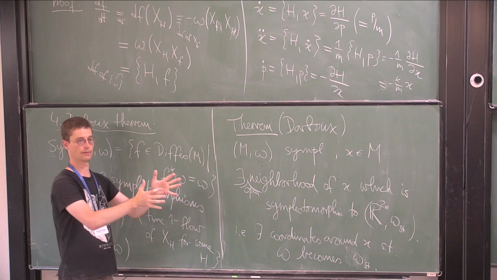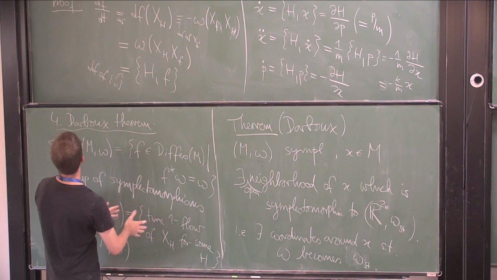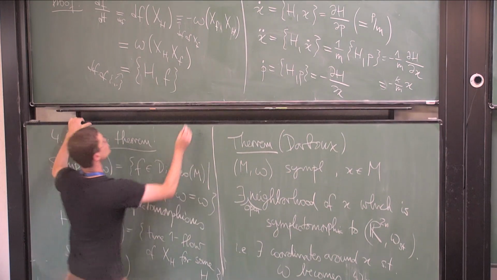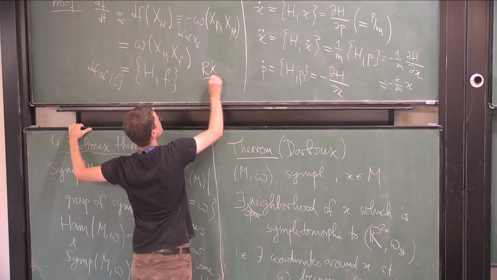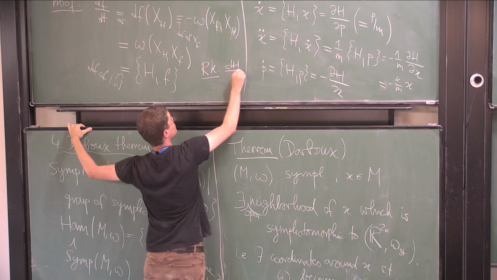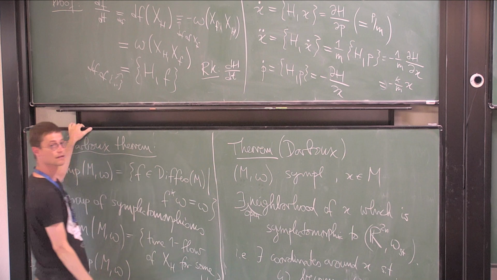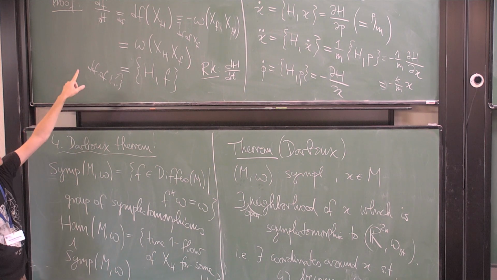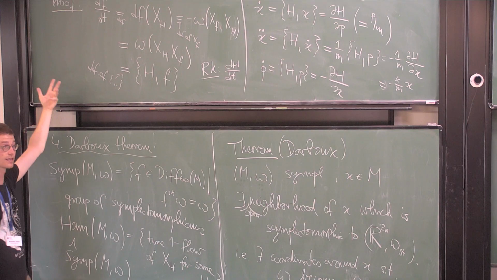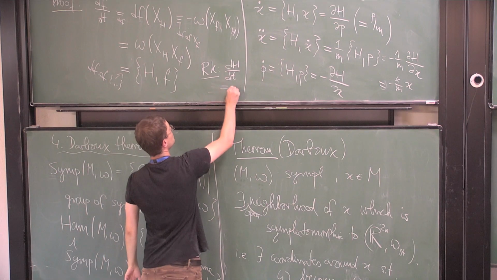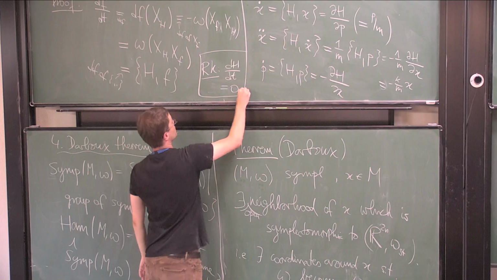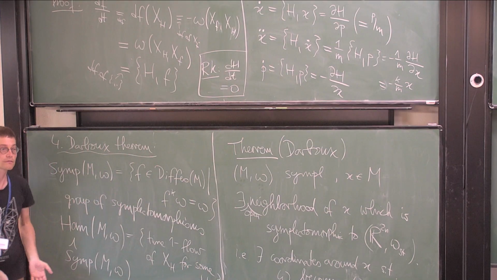But once you fix your Hamiltonian, this is actually a good remark. The time derivative of the Hamiltonian, by the formula, is the bracket of H with itself, but the bracket is antisymmetric, so this is always 0. So the Hamiltonian is always preserved.